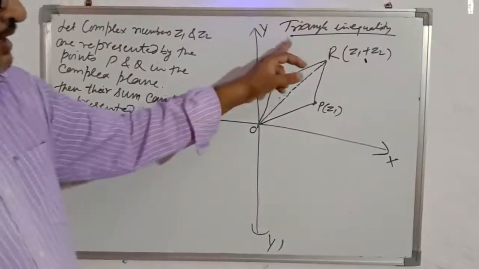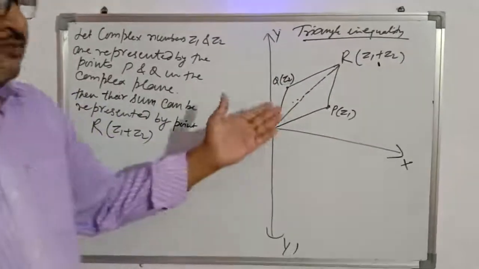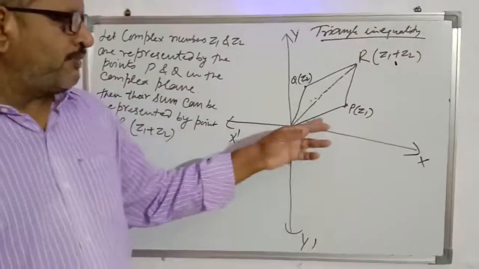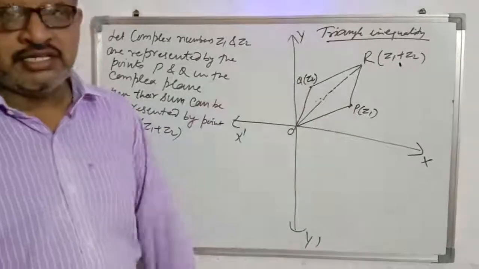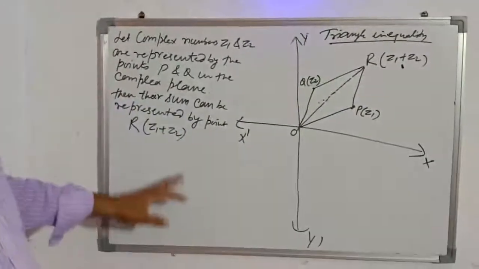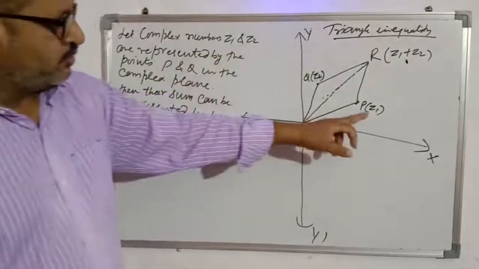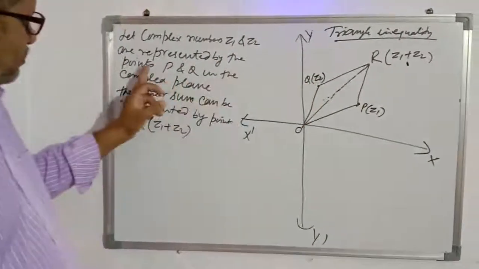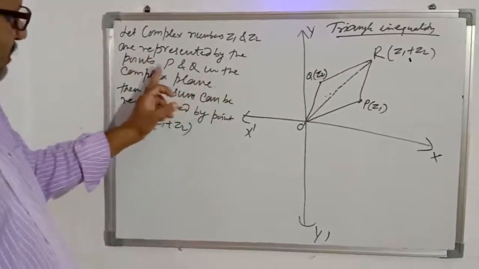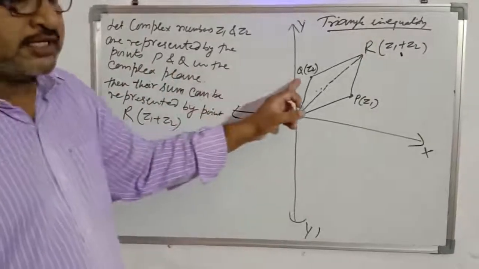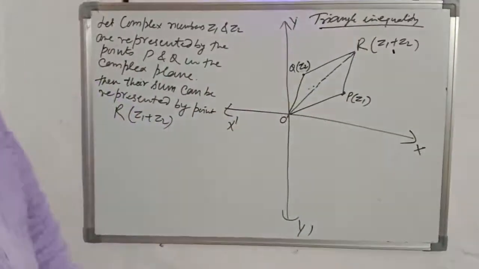So what is triangle inequality? We know that the sum of any two sides of a triangle is greater than the third side. Let two complex numbers Z1 and Z2 be represented by the points P and Q respectively in the complex plane.